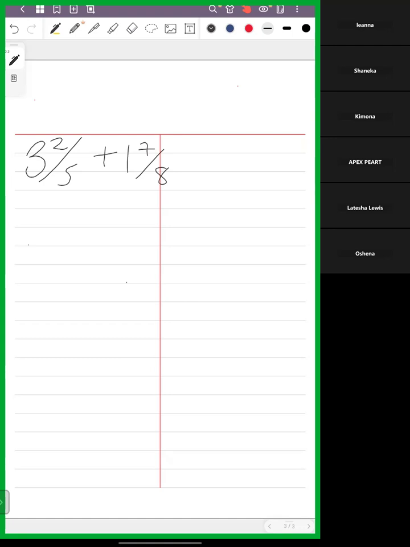Now, there is an archaic method that a lot of the older persons in this class may have been accustomed to. Way back in the 90s, they used to teach a method where you add the whole numbers and then find the LCM of the fractions, right? I haven't seen anybody use that method in a while. So we just want to stick with just one method, which is always to get the mixed fractions written in their improper form.